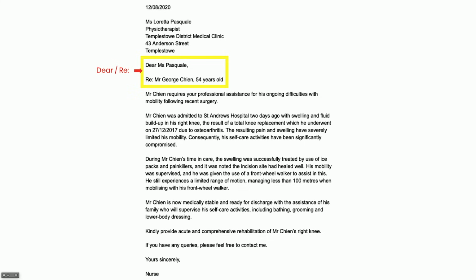Okay, below that I have the R-E full colon, Mr. George Chien, comma, 54 years old, or aged 54, or even just 54 would be fine. Now, where did I get this information from? Because the patient's name was not written in the task. The patient's name is written right at the top of the case notes, and his or her age will be written there as well as their title.